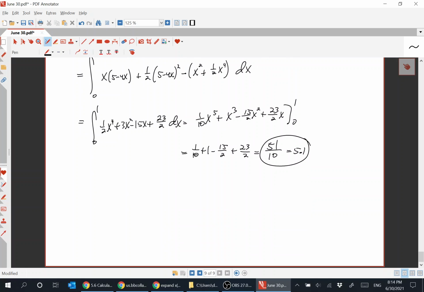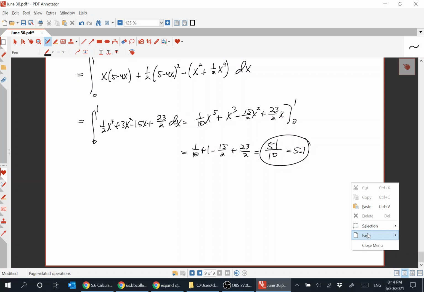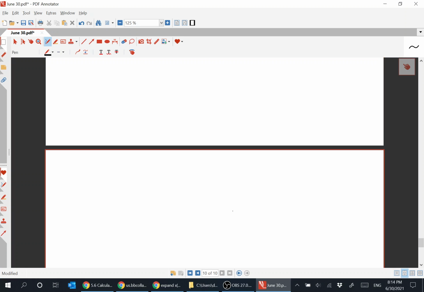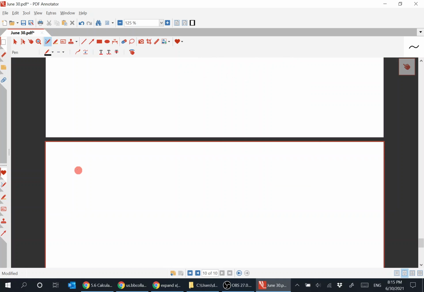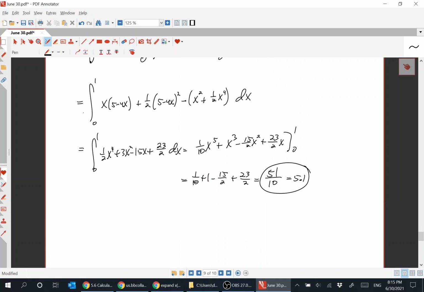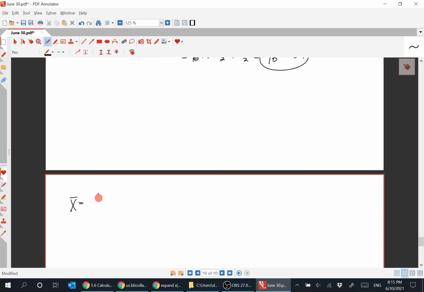So that's the mass. And then x bar is 1 over 5.1 times the double integral of x times x plus y dA.